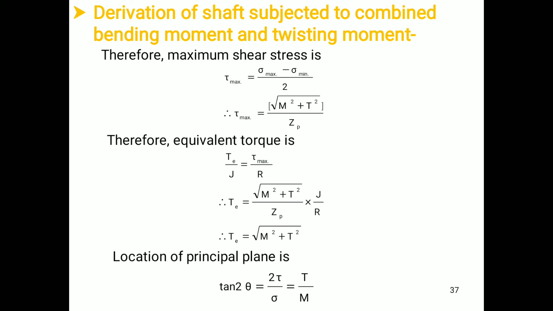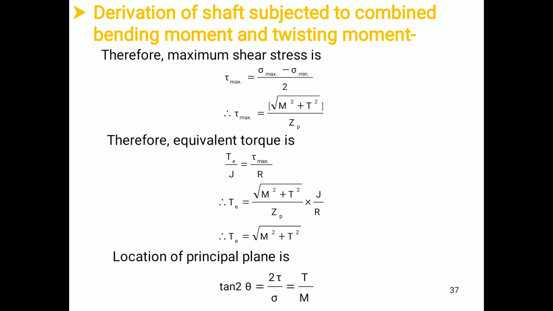It can be given by Te upon J equal to tau maximum upon R. Therefore Te equals under root of M square plus T square upon Zp into J upon R. Since Zp is J upon R, these two terms get cancelled, and the remaining term is under root of M square plus T square. This is the value of equivalent torque which we have derived.